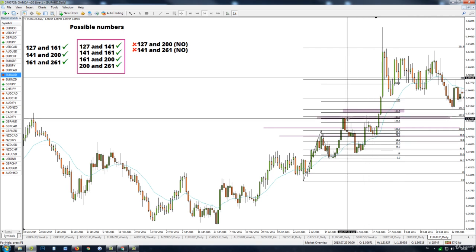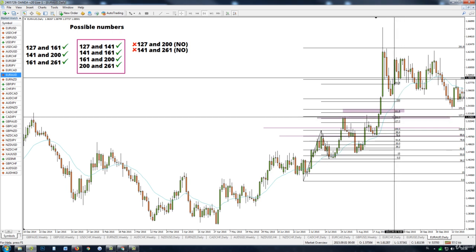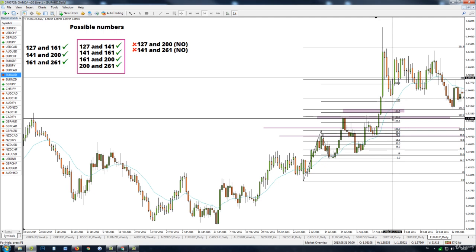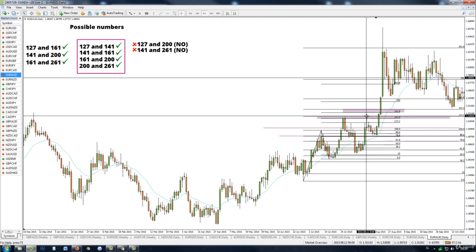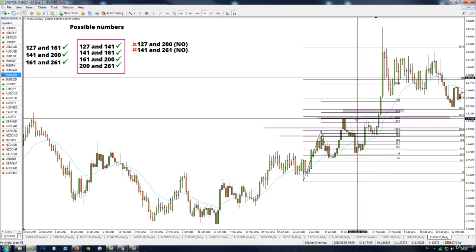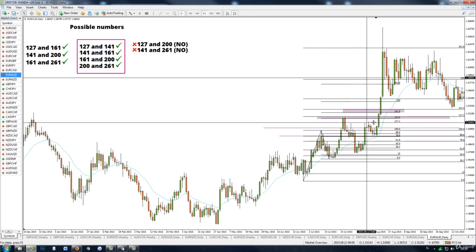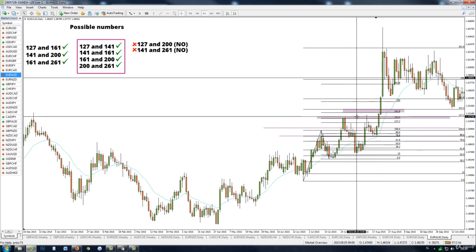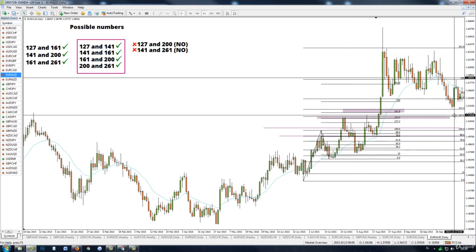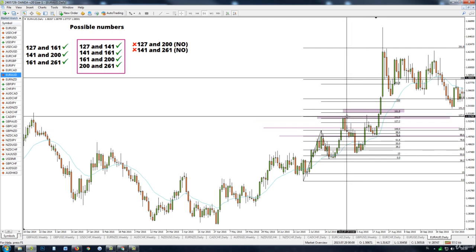I personally always put it at the beginning of the first Fibonacci number, so the lowest one in this case, for buying. So I put it at the beginning of the 141, or at least in the middle. If you're sometimes confused, put it in the exact middle between these two numbers, but do not put it at the highest number for the selling position, because you might not get triggered.